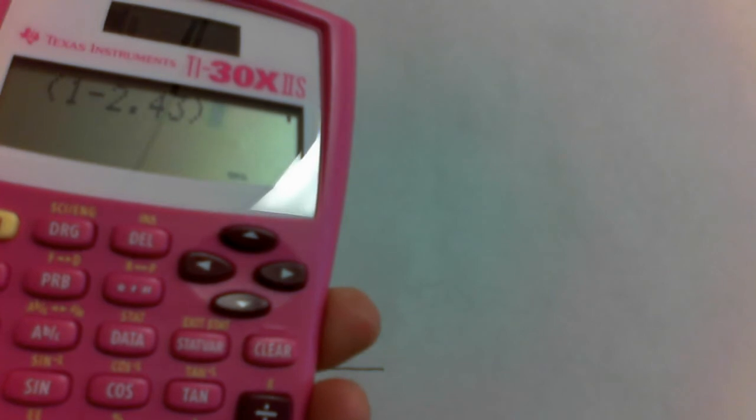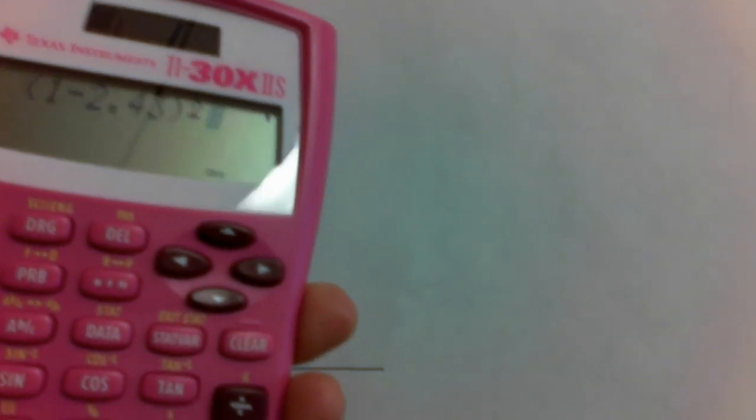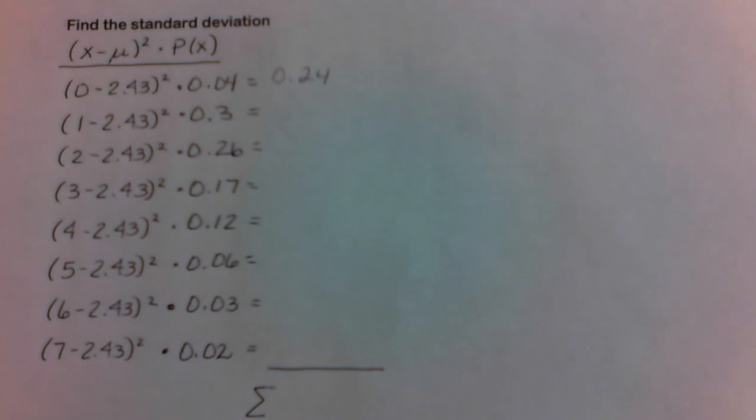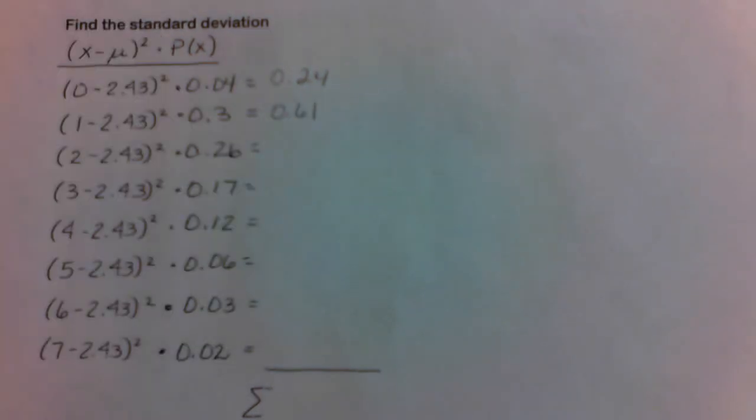You're going to square that, times, and then for 1, I'm going to multiply it times 0.3. So I did times already, 0.3 equals, and I get 0.61347, so I'm going to round that to 0.61. And I'm going to go ahead and give you the answers to all the others, but be sure you know how to calculate that on your calculator.